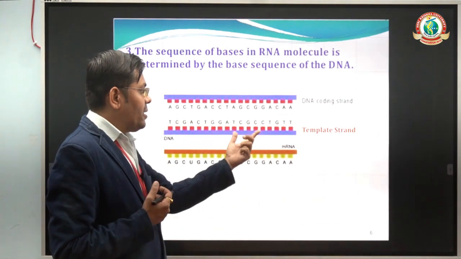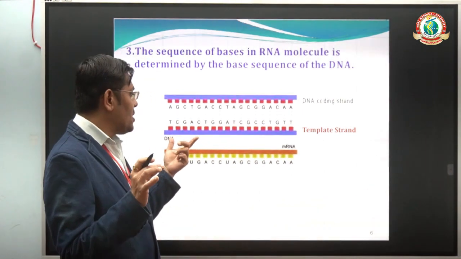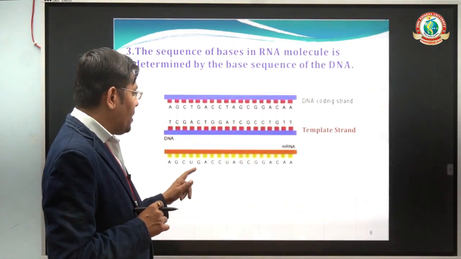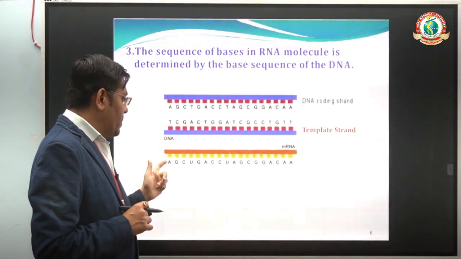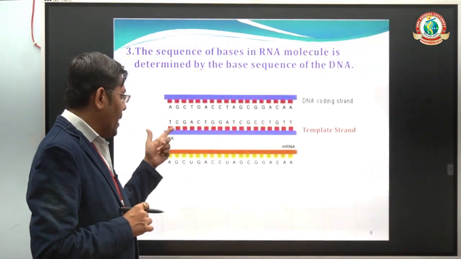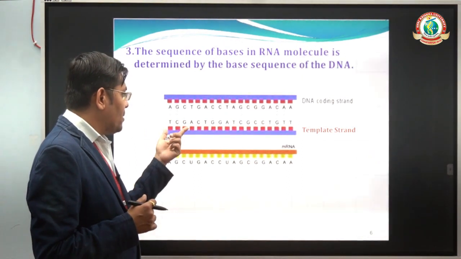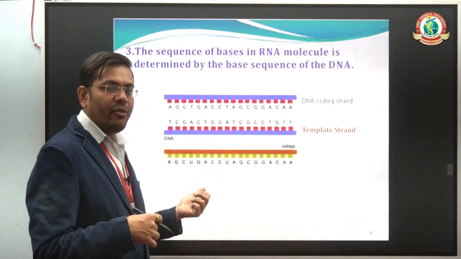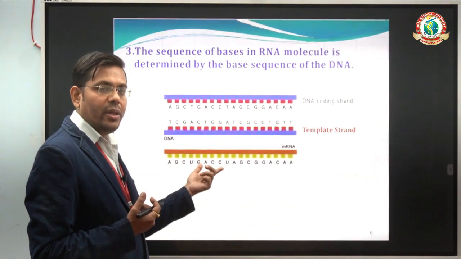So when the nitrogenous base sequence of the template strand in DNA is T, C, G, A, C, T, then in messenger RNA the complement will have T replaced by A always and C replaced by G always, and in place of T in messenger RNA we always know that T is replaced by uracil, or U.